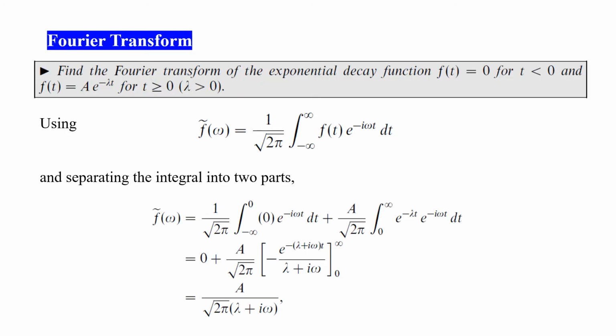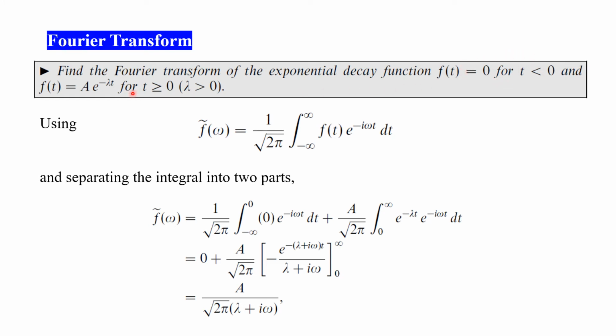For example, let's find the Fourier transform of the exponential decay function f of t, which is equal to 0 for t less than 0, and f of t equal to a e^(-lambda t) for t greater than or equal to 0, where lambda is greater than 0. Our task here is to find the Fourier transform of the exponential decay function set by these conditions.